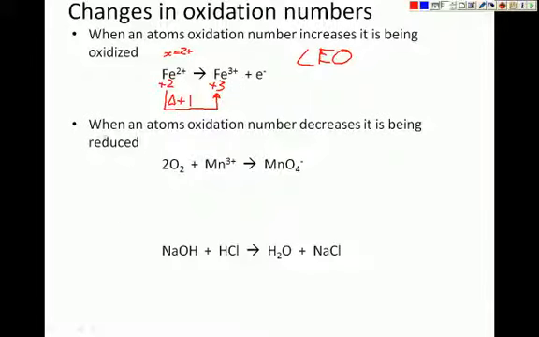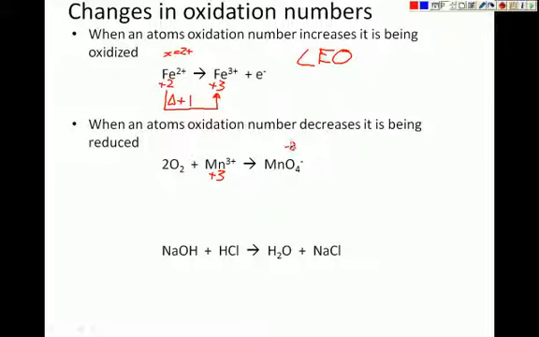Now, the next one right here, we have when an atom's oxidation number decreases, it is being reduced. So let's figure this one out right here. Again, we have Mn3+, the oxidation number right here is plus 3, and we're going to calculate Mn right here. So we see oxygen is usually minus 2, and that's going to be times 4.